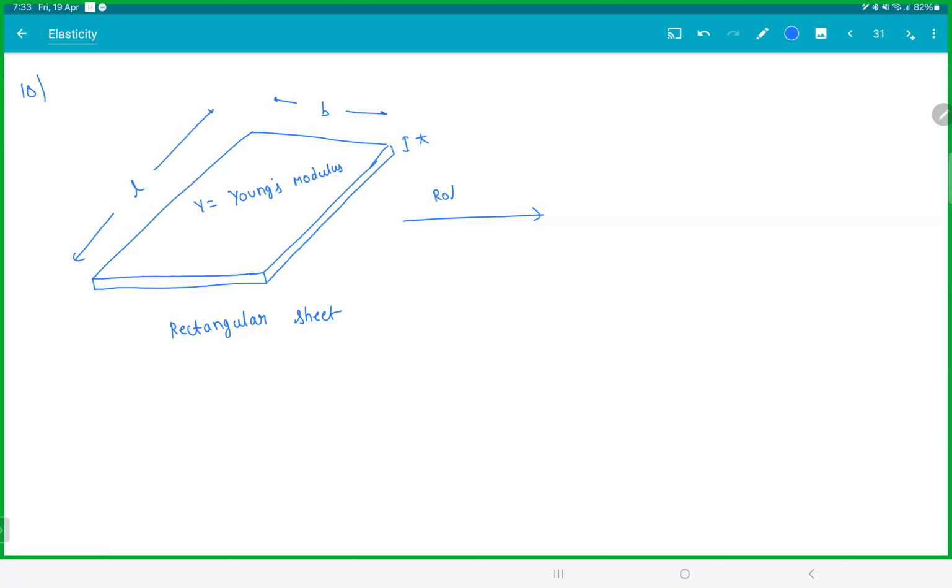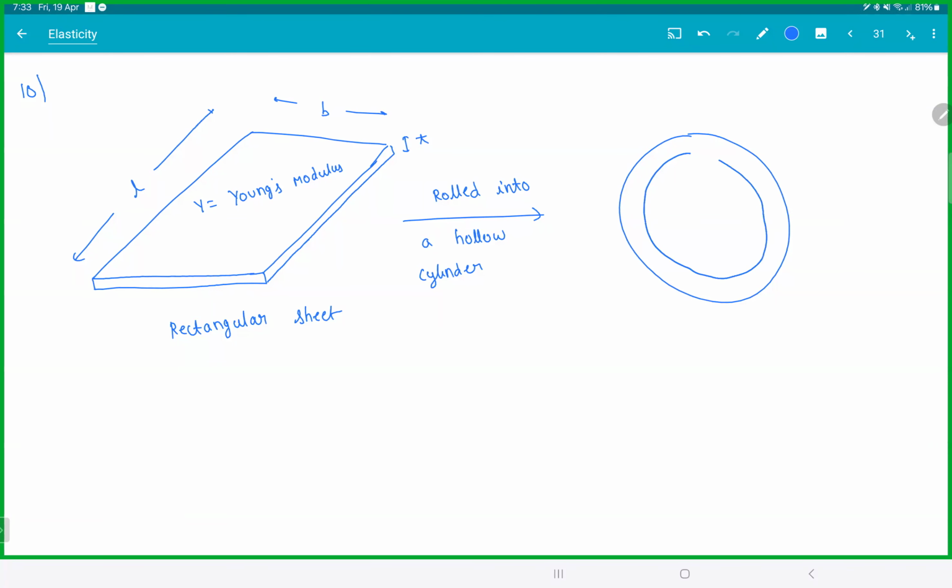This is rolled into a cylinder. Meaning side view now, it looks like this. So you roll this into a cylinder of radius R.